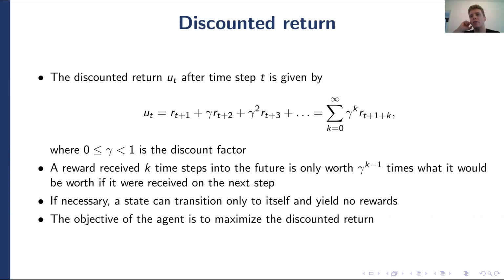So let me introduce the concept of discounted return. Initially, I mentioned that the agent is interested in maximizing the sum of rewards that it observes across time steps, but that's a bit of a simplification.